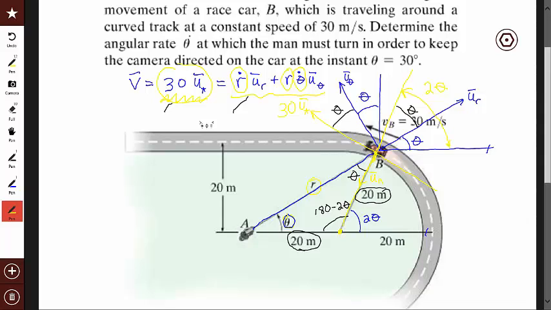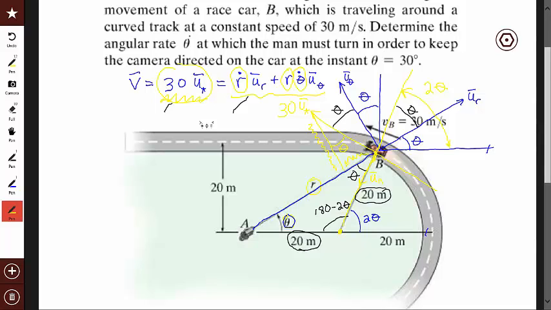I'm going to think of the 30 UT as a force, and I'm going to drop that force down, and I'm looking for the component of that force in the UR direction, and the component of force along here, which is in the U theta direction. Okay, so if this angle, the black angle, is theta, this one here is theta.